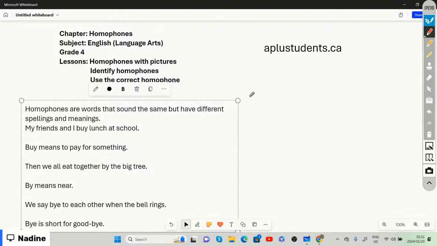So we said homophones are words that sound the same, but they have different spellings and meanings. Now let's go to aplusstudents.ca.